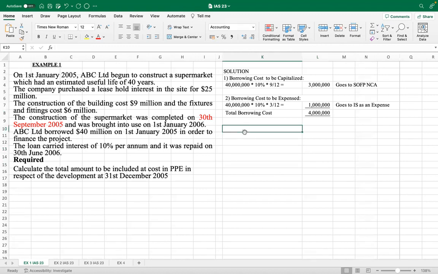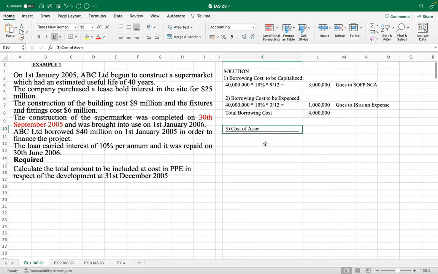Let us move on. Now, what amount exactly goes as the cost of the asset? We, number 3, need to calculate the cost of the asset. When you want to find the cost of the asset, you add everything you spent.